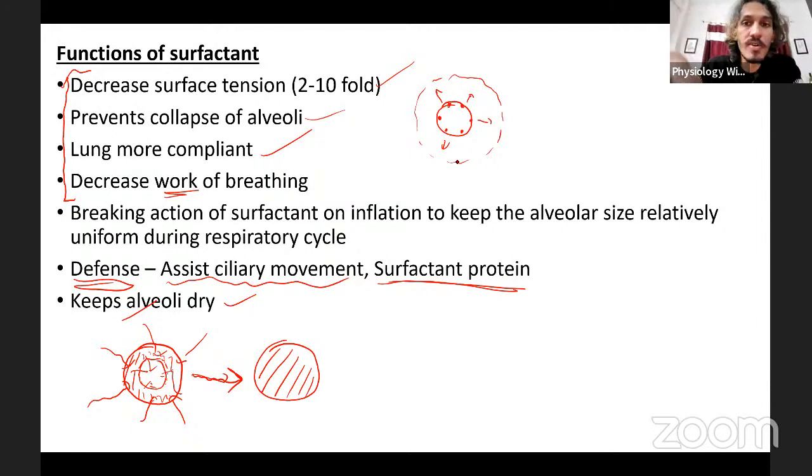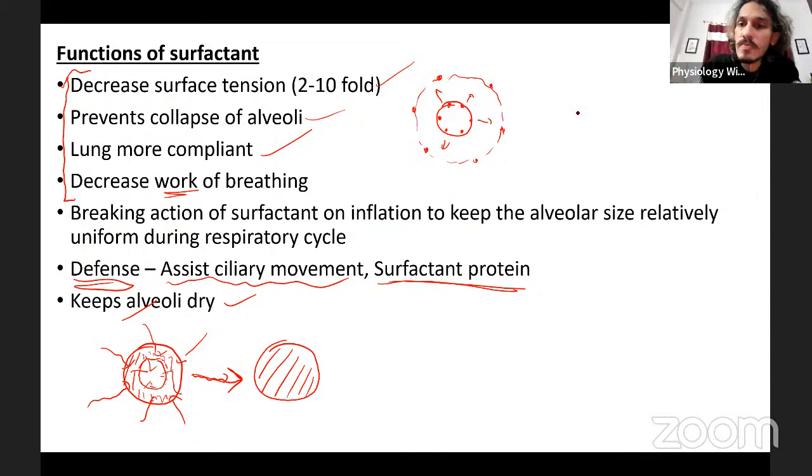It's not like your surfactant molecules increase. It's still 1, 2, 3, 4, 5, 6. But the surface area has increased so much that by itself will produce more surface tension and break this inflation. Thus, relatively trying to keep the diameter of the alveoli in a normal range.